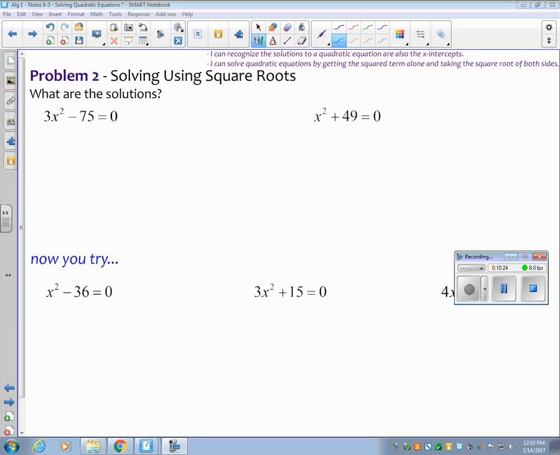First you have to divide 75 by... What's the opposite of minus 75? Positive. Yeah, so we're going to add 75 to both sides. So it's as if we were solving for x, but we're technically solving for x squared.